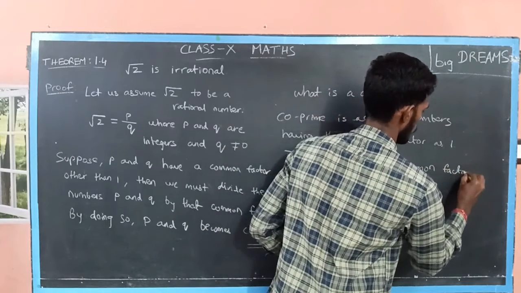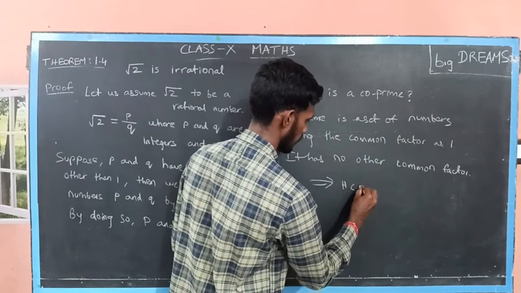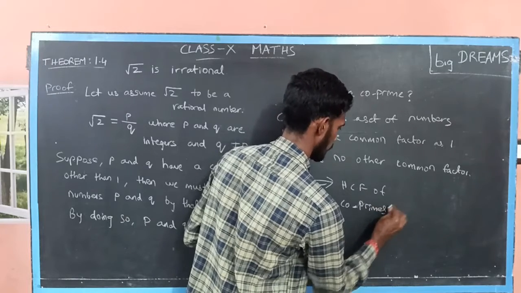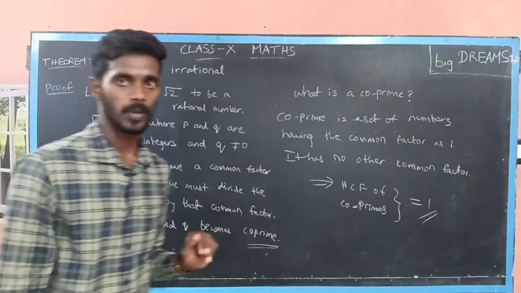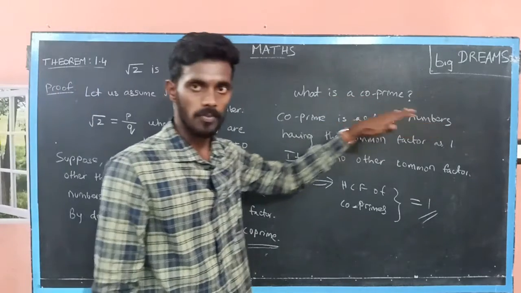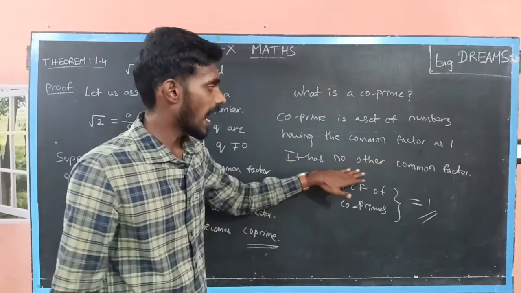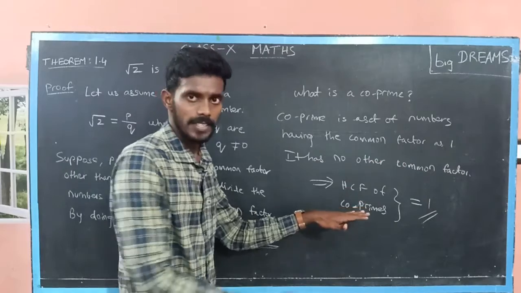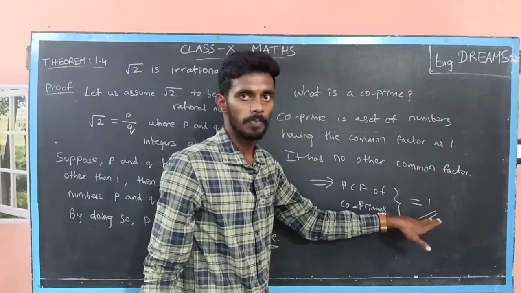Which means that the HCF of co-primes will always be equal to 1. So what does co-prime mean? Co-prime is a set of numbers having common factor as 1. They do not have any other common factor other than 1. So we can say that the HCF of co-prime numbers will always be equal to 1.